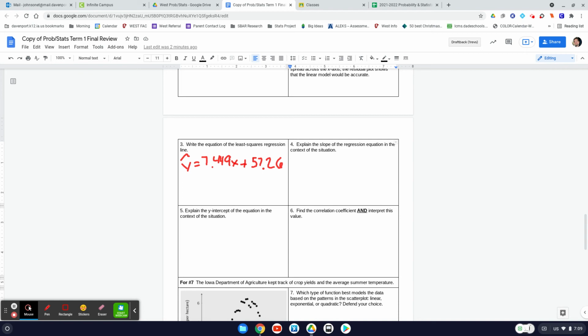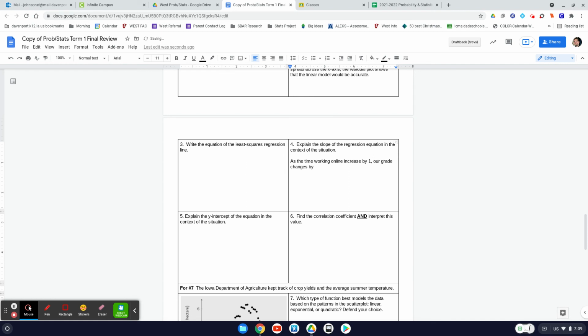So the explanation of the slope would be: as our explanatory variable, in this case the time working online, increases by 1, our response variable, or our grade, changes by our A, which was 7.449.